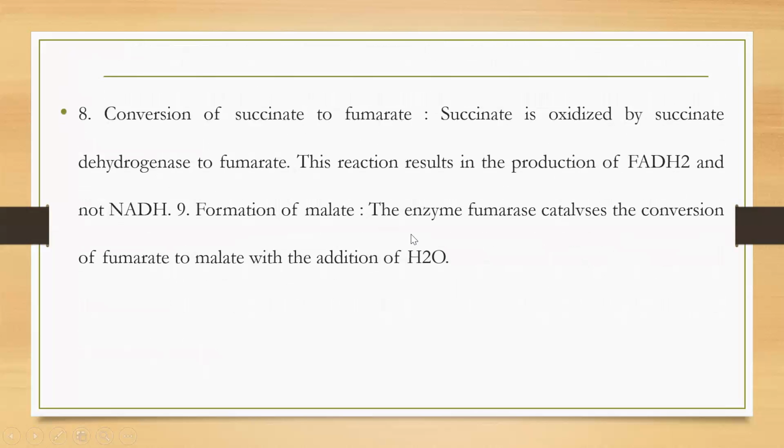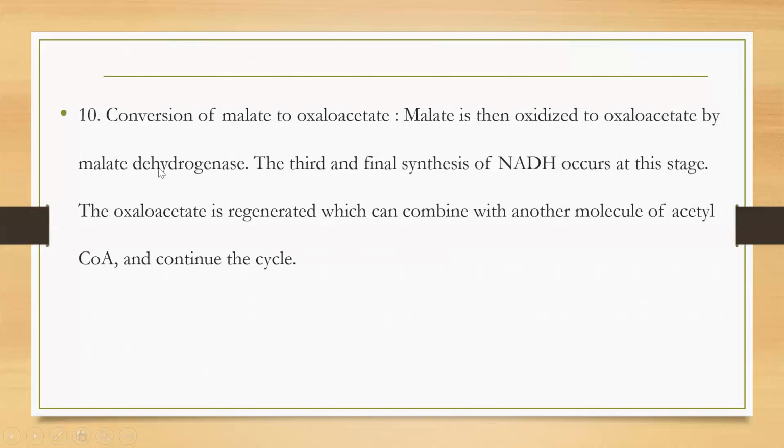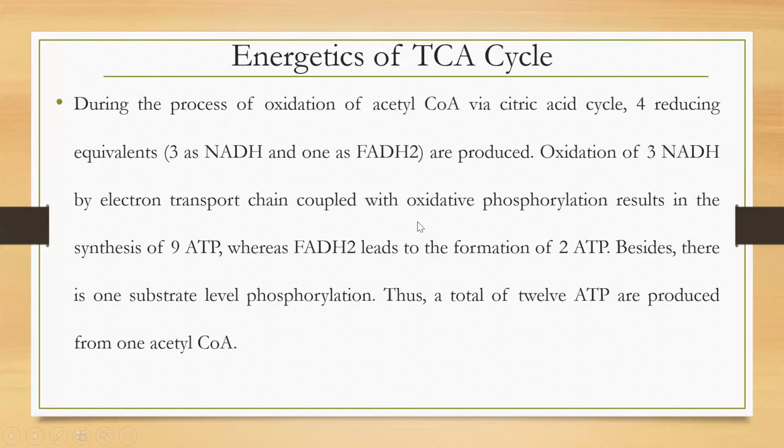Then from succinate to fumarate, FADH2 is produced by the enzyme succinate dehydrogenase. Then in the 10th step, we get the regeneration of oxaloacetate, which again enters into the citric acid cycle. So these are all the 10 steps involved in the TCA cycle.